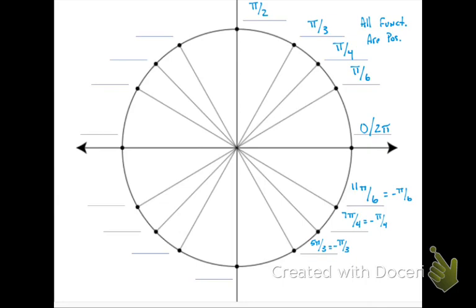Which functions are positive down here in the fourth quadrant? Cosine is always positive. So then what's always going to be negative down here? Sine and tangent, right?